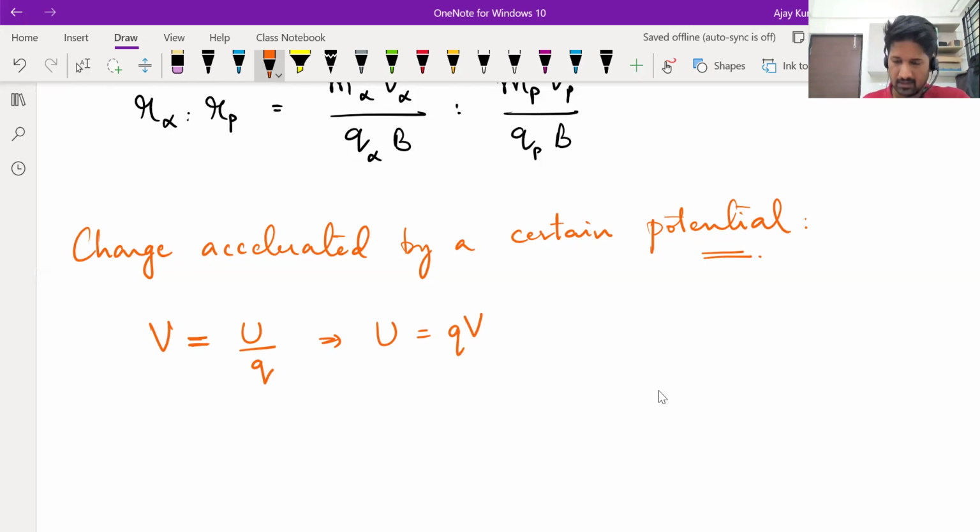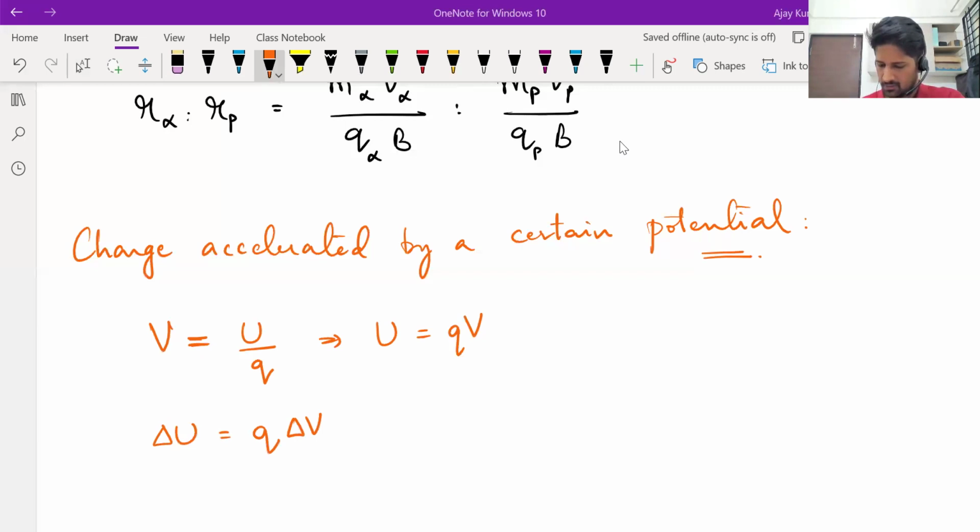And if the charge goes through a potential difference, say delta V, there will be a change in its potential energy. So you can say delta U is equal to Q, the charge, multiplied with the potential difference. So the change in potential energy will be charge into change in potential. That's the idea.